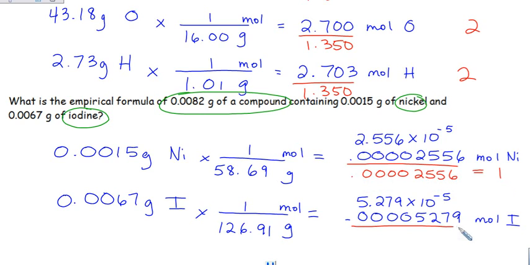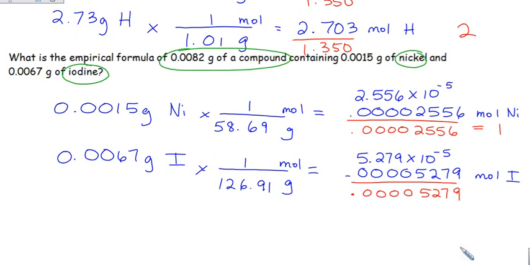And then we'll do the same thing with the other one, 0.00005279. And if I plug this in my calculator, what do you know? I get 2. That was my guess. I was guessing that maybe it was twice as many moles of iodine. But again, if you have kind of crazy numbers, just plug it in. Divide them by the smallest.